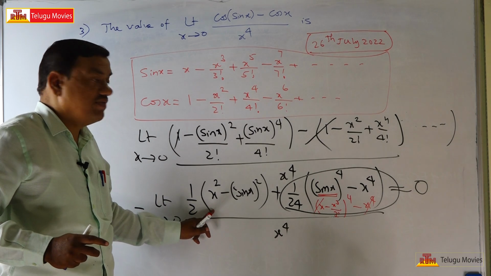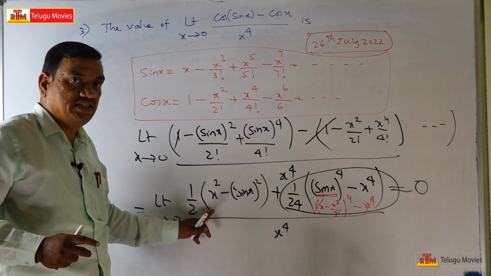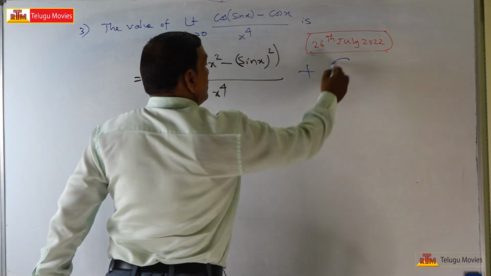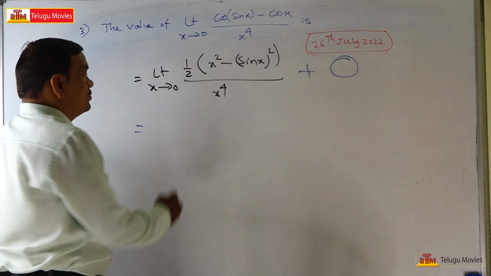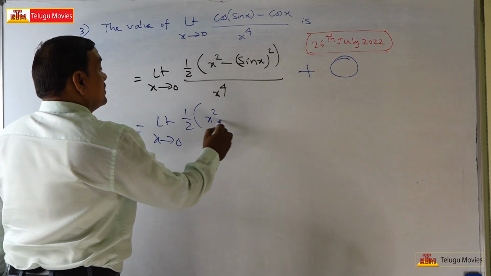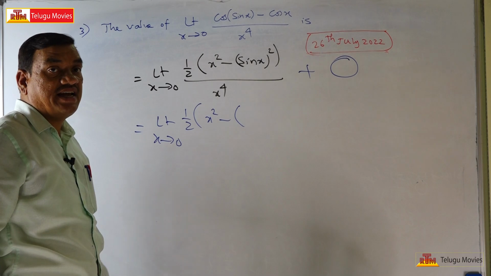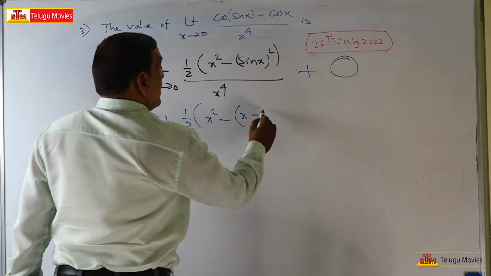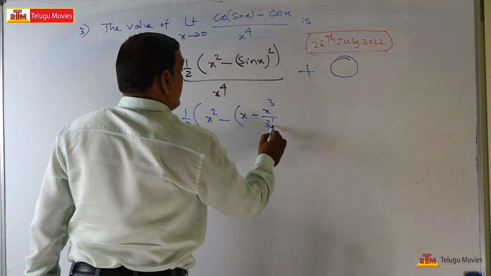Now what about this value? Let us see this value. So up to this term we got already 0. So this is equal to limit x tends to 0, 1 by 2 x square minus, what is the expansion of sin x? Sin x expansion is x minus x cube by 3 factorial.